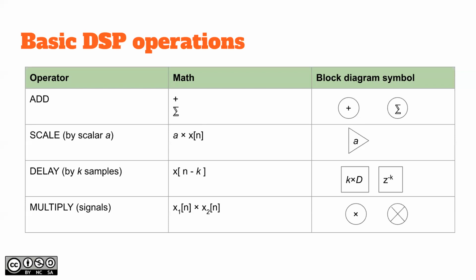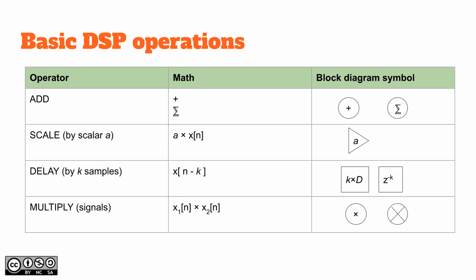Scaling means multiplying by a scalar, so a constant value multiplies a signal. This differs from the multiply operation: scaling is a linear operation, but multiply is not linear. The block diagram symbol is simply an amplification symbol, a triangle with the amplification or scaling term in the middle. You are familiar with that already.